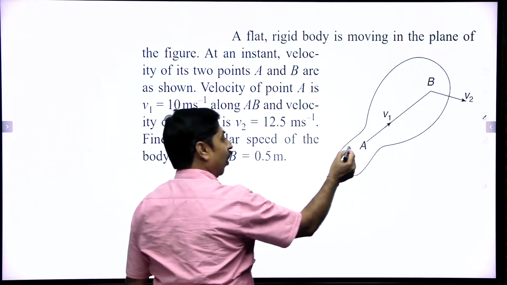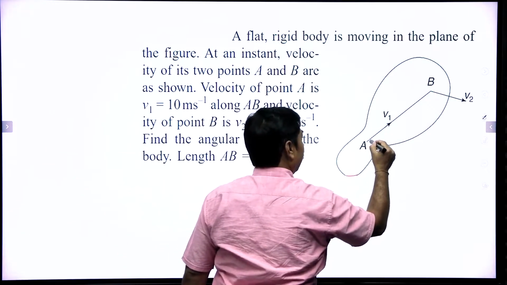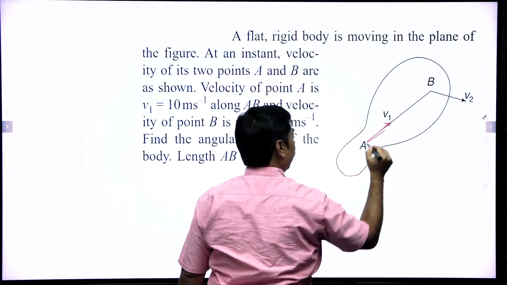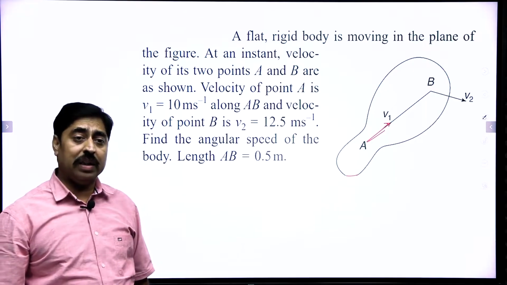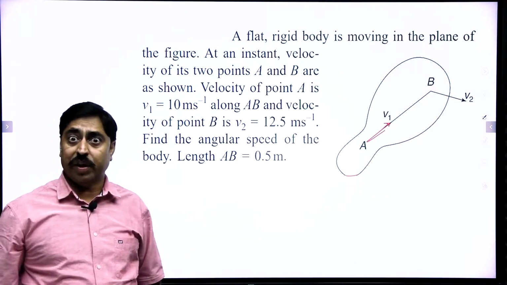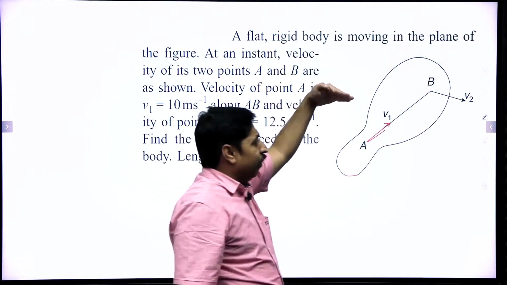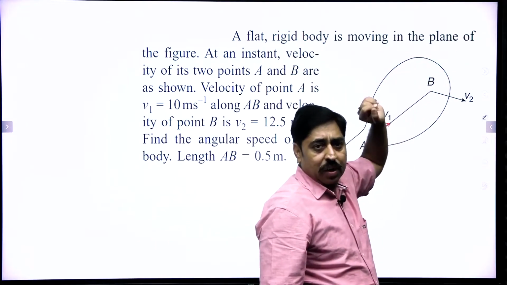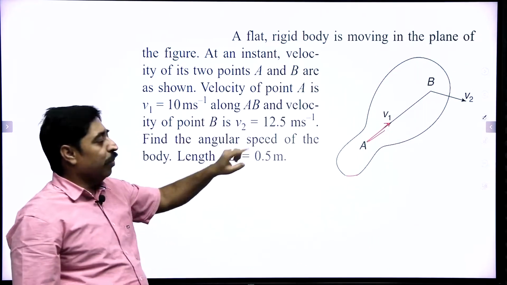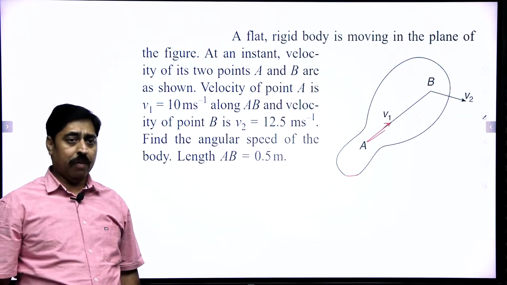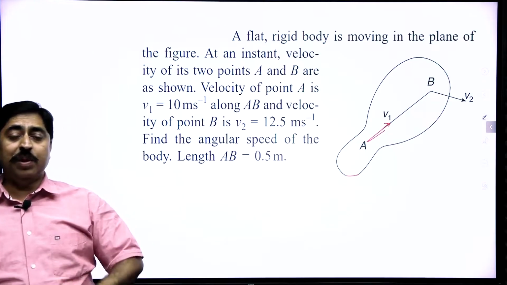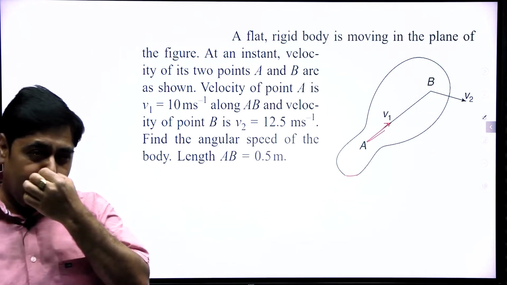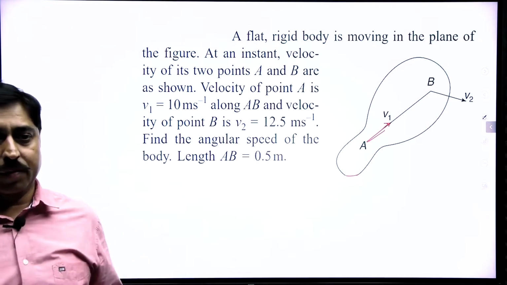There are 2 points in the body, A and B. Velocity of point A is towards B and its magnitude is 10 meter per second. V1 is 10 meter per second, that is the velocity of point A, and velocity of point B is in some unknown direction, but its magnitude is given to be 12.5 meter per second. Find the angular speed of the body. Length AB is given to be 0.5 meter.